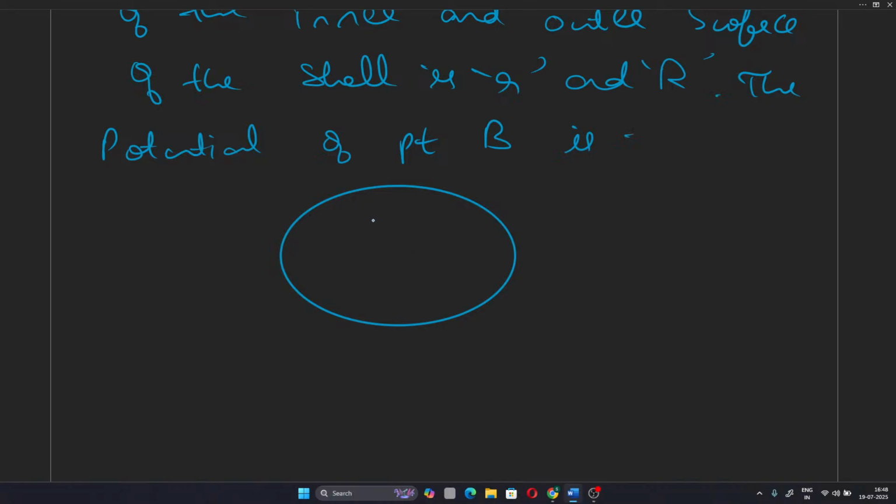This is a spherical shell. It looks oval here, but it is a spherical shell. This radius is small r.